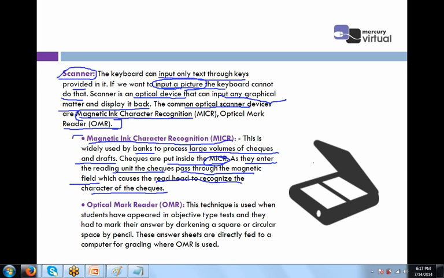All this is done by the MICR. So in simple terms, MICR is a type of scanner which converts hard copy into soft copy, and it is used by the banks to process checks in an efficient manner.